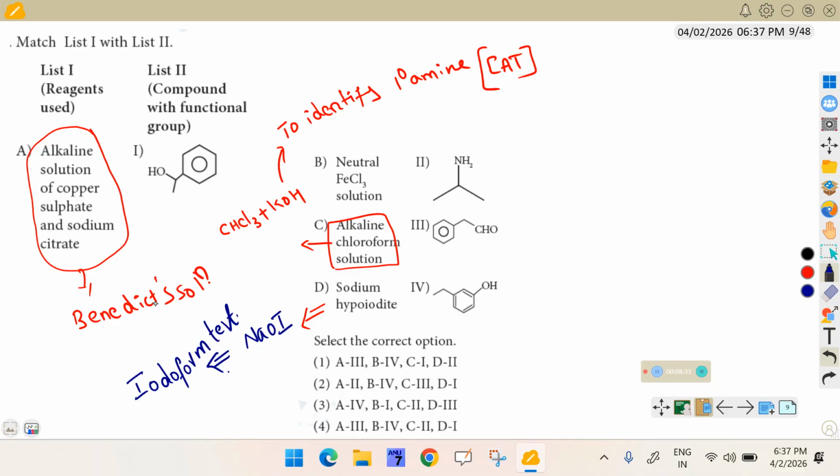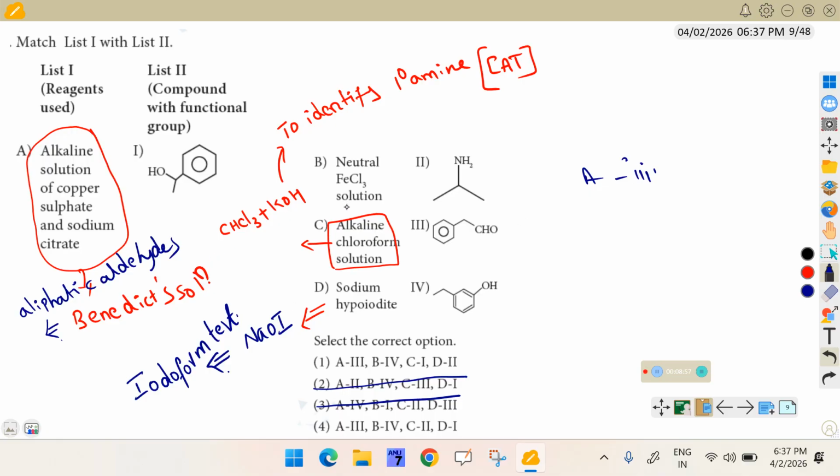Benedict's solution gives a positive Benedict test with aliphatic aldehydes. So A3. So neglect the second and third options.